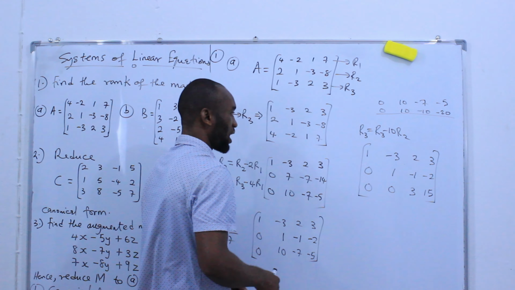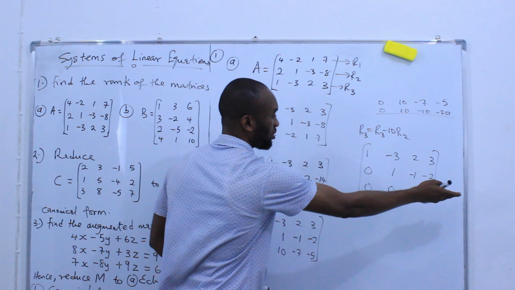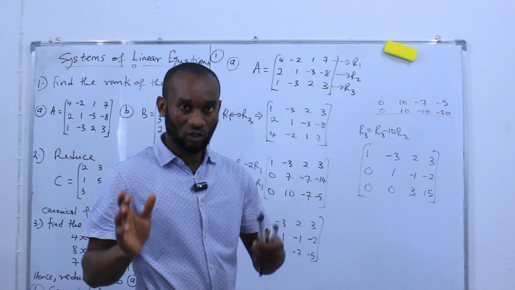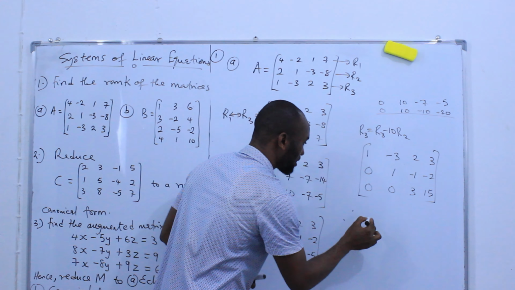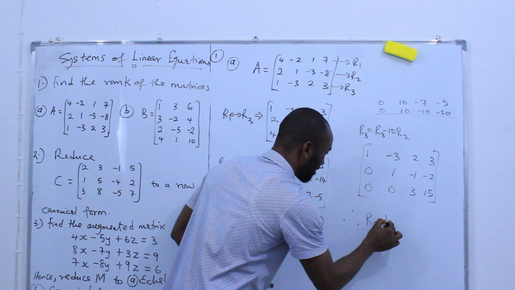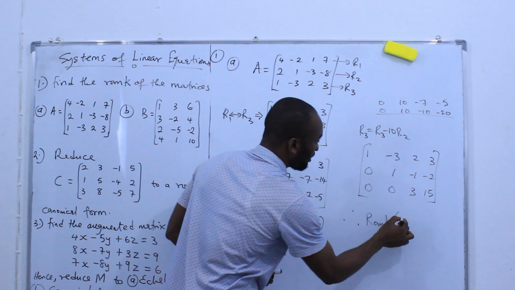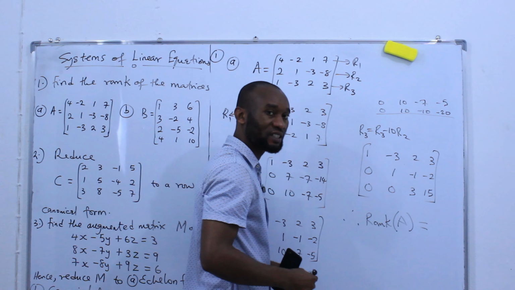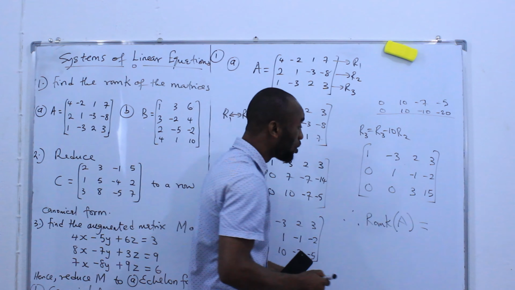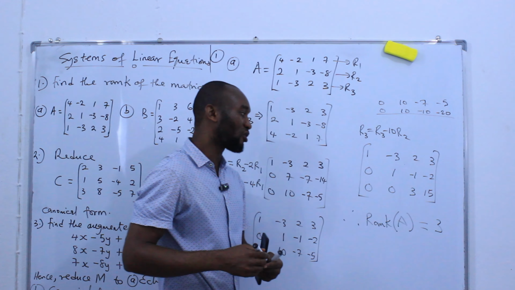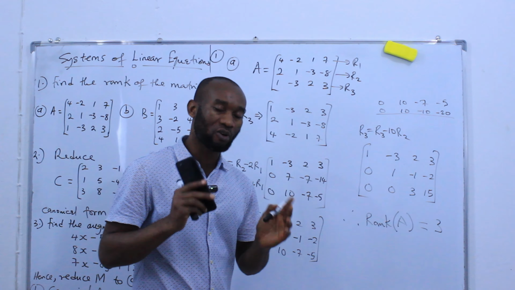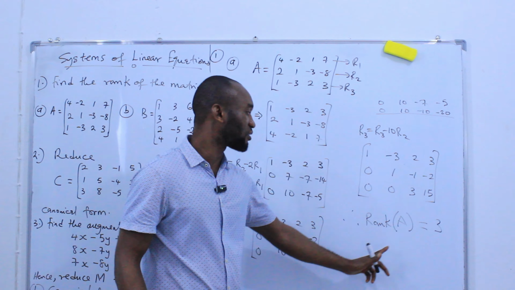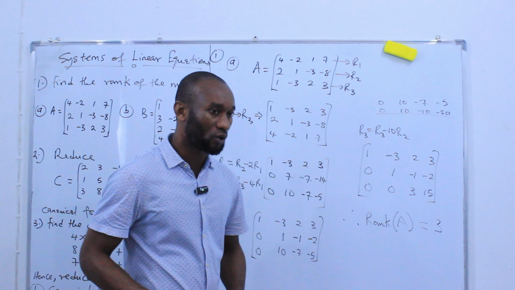At this point, since we have 3 pivots in these 3 rows, we don't have a row that is zero. Therefore, the rank of A is equal to the number of pivots, 1, 2, 3, which is the number of non-zero rows. So the number of non-zero rows is 3, the number of pivots is 3, and therefore the rank of A is equal to 3.